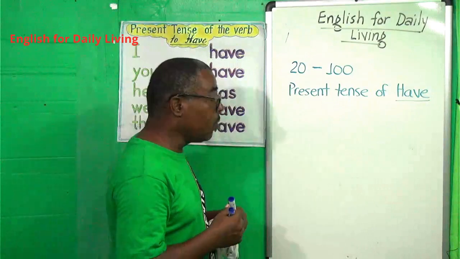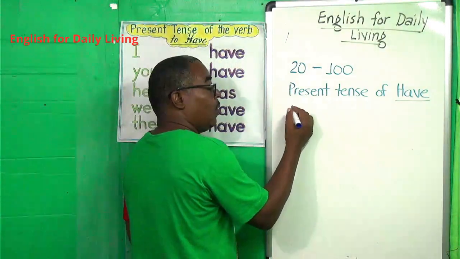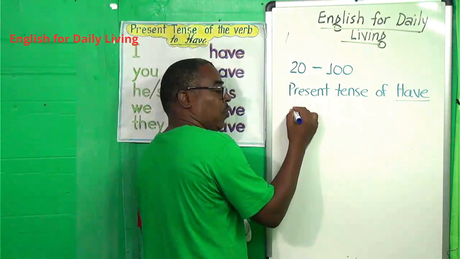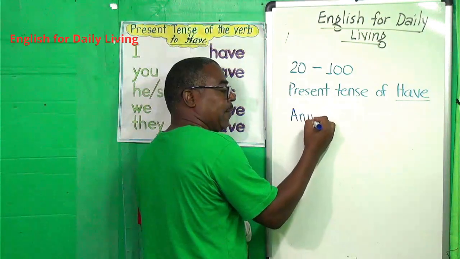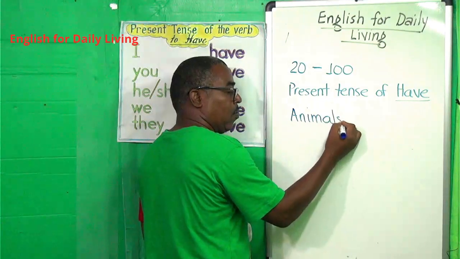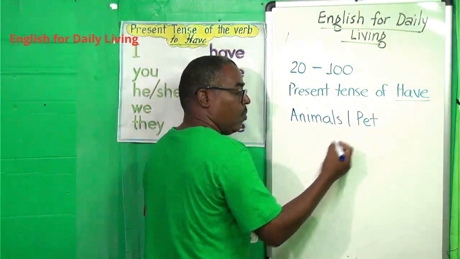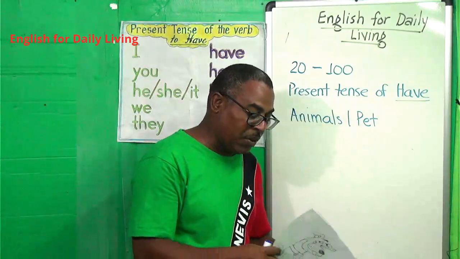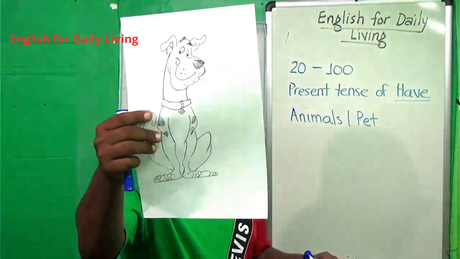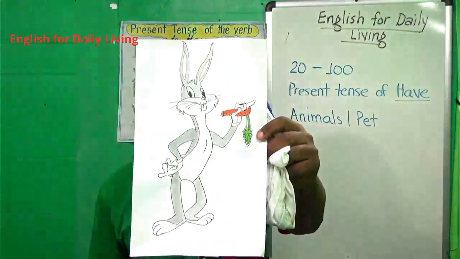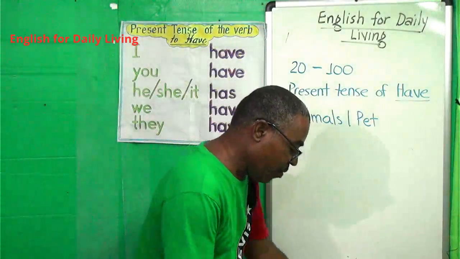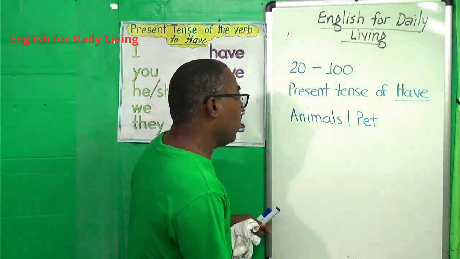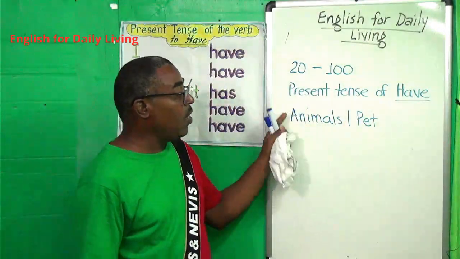And then we looked at some domestic animals or pets, in particular a dog, a rabbit, a cat.